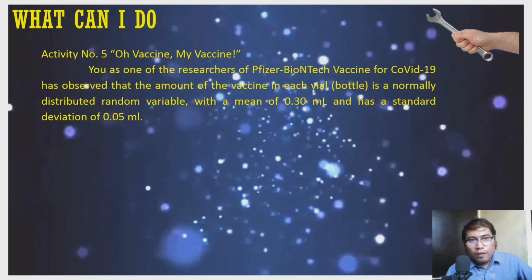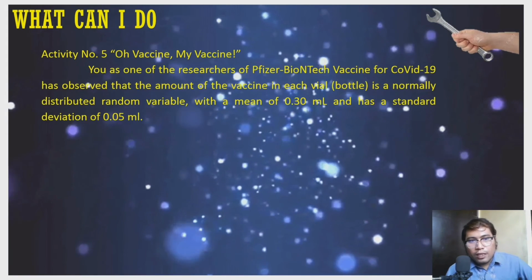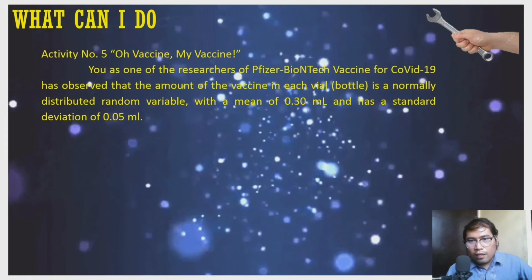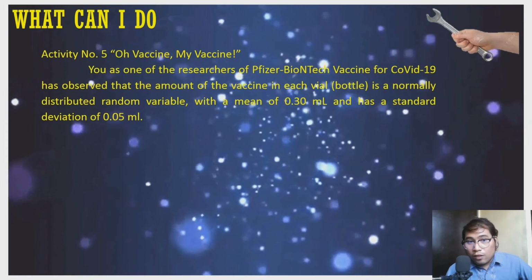You, as one of the researchers of the Pfizer-BioNTech vaccine for COVID-19, have observed that the amount of the vaccine in the vial or the bottle is a normally distributed random variable with a mean of 0.30 ml and a standard deviation of 0.05 ml.